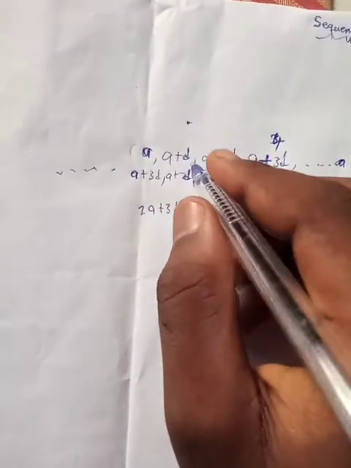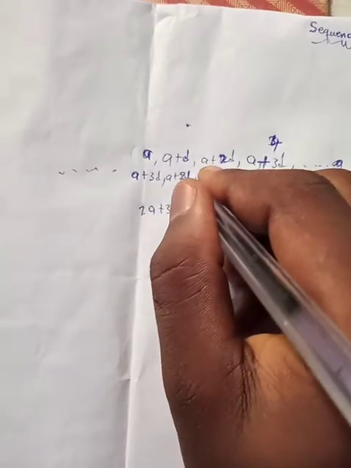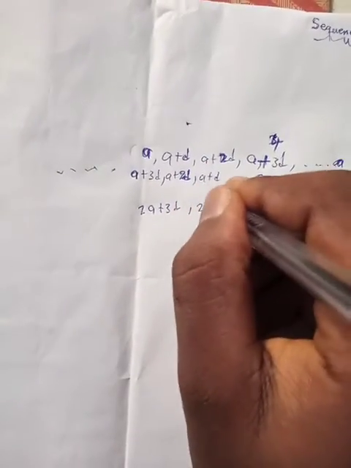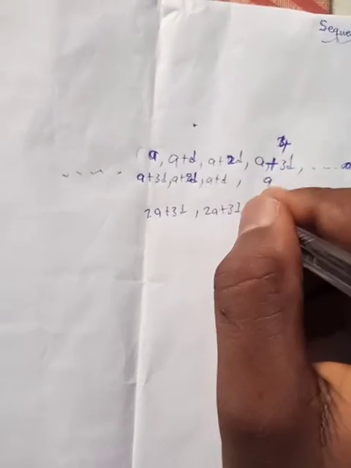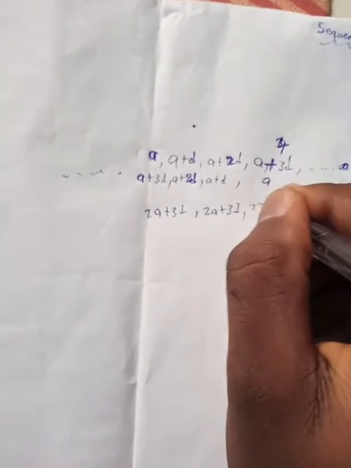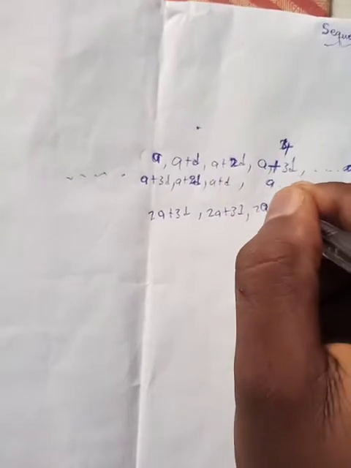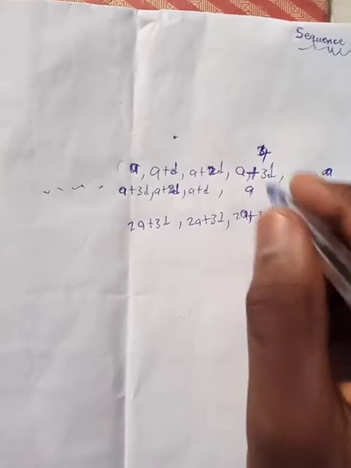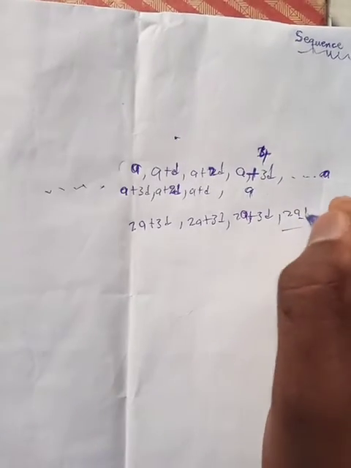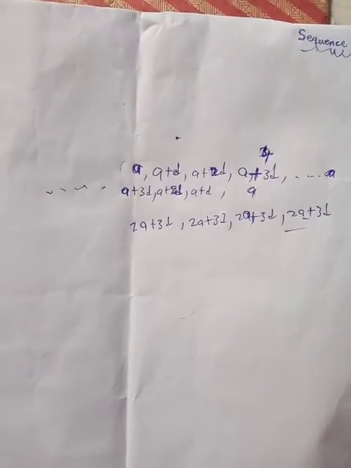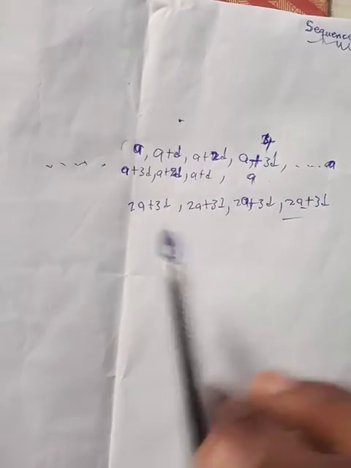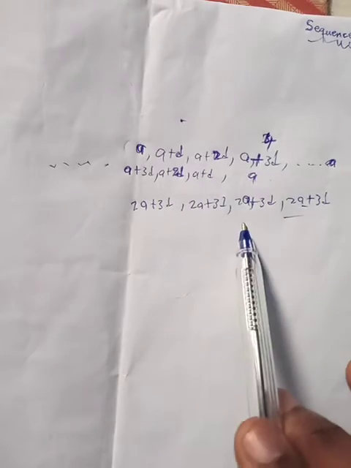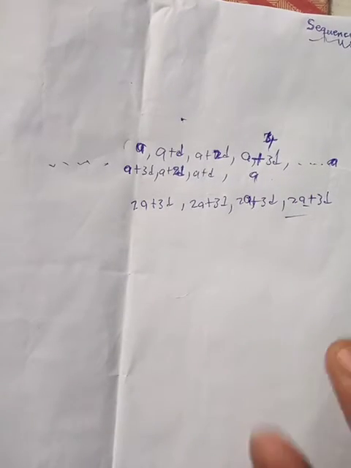He added this to this, 2a plus 3d. This to this, 2a plus 3d. So adding this to this, 2a plus 3d, this to this, 2a plus 3d, this to this, 2a plus 3d.